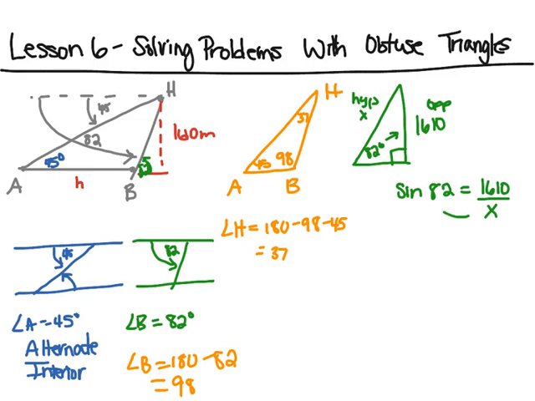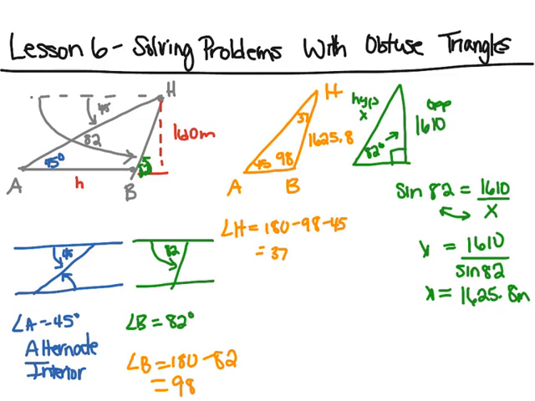Because x is on the bottom, we flip them and divide. So 1610 divided by sine 82, and we should get x to be equal to 1,625.8 meters. So that goes here, 1625.8, because it goes on both triangles.